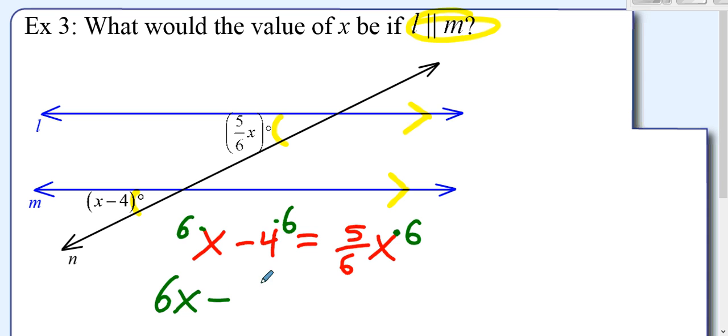6x minus 24 equals 30 divided by 6 is back to 5. Or you could have just canceled. That's the easier way. 5x. Now get your x's together and solve it out.